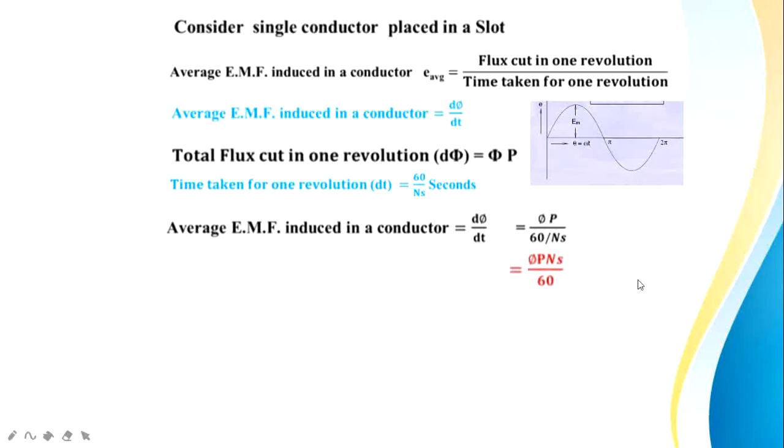So, phi P Ns by 60. We know that F is equal to P Ns by 120, where Ns is equal to 120 F by P. Ns is the synchronous speed of the alternator.